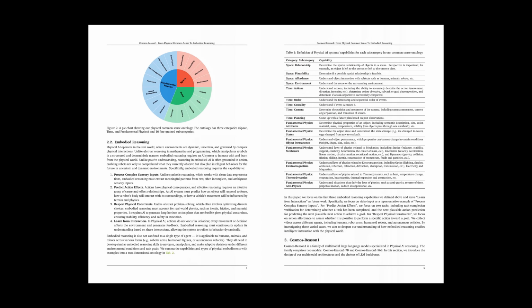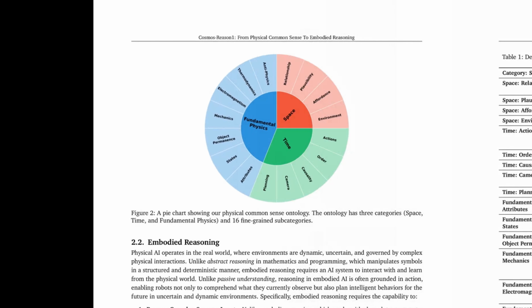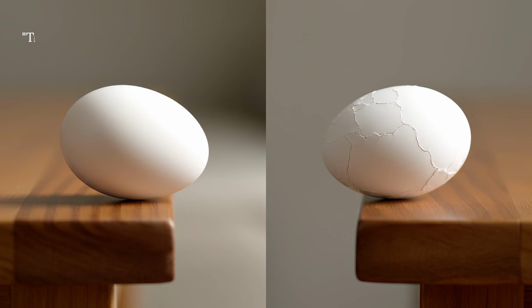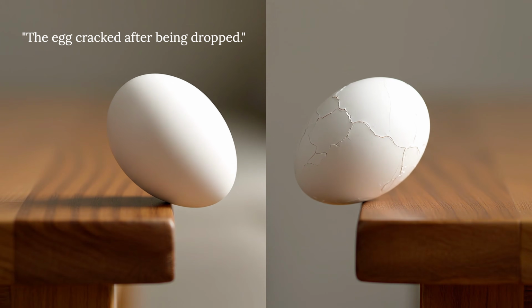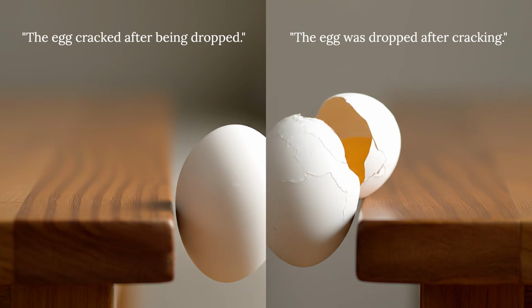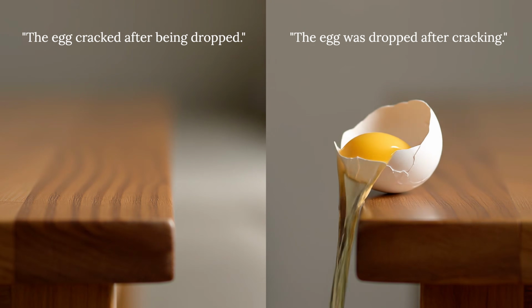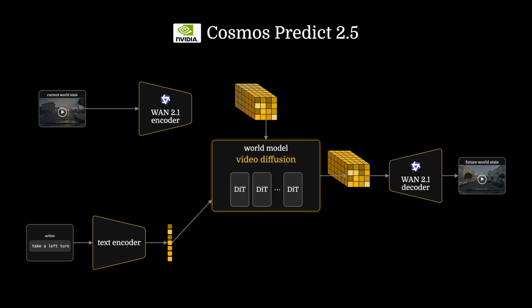NVIDIA even built a manual ontology around foundational physics, time and space, and made sure the training data covers it comprehensively. Compared to general-purpose text encoders like T5, this makes Cosmos Reason embeddings extra sensitive to the difference between the egg cracked after being dropped versus the egg was dropped after cracking. At a token level, they're very similar, but a physics-aware text encoder will produce meaningfully different embeddings.